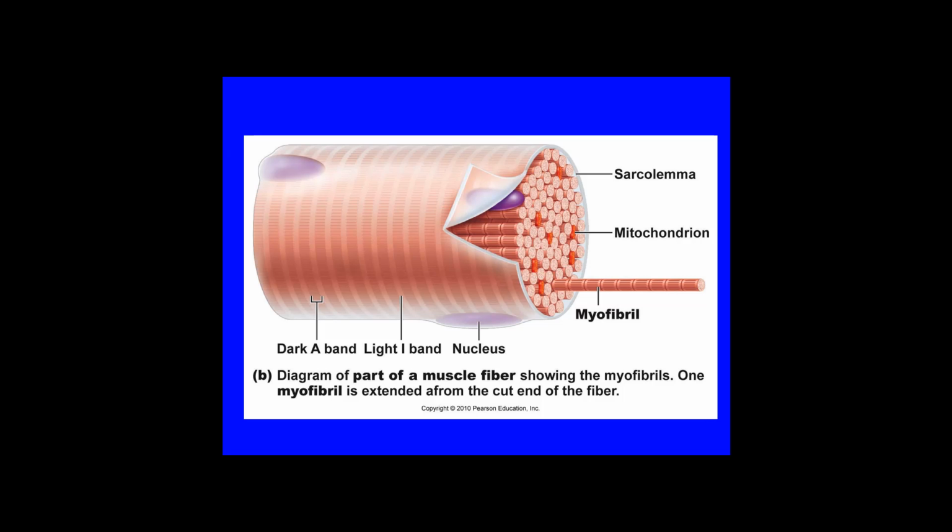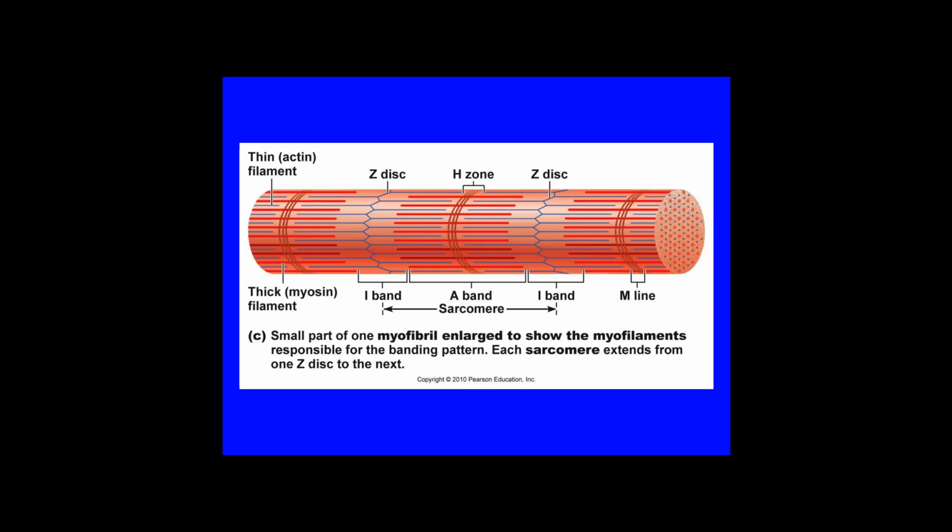When you look at the myofibril structure, basically about 80% of the cell volume is made up of 2 filaments, actin and myosin. Actin is referred to as the thin filament, myosin is the thick filament, okay? And you can see how that nucleus is pushed tightly up against the sarcolemma.